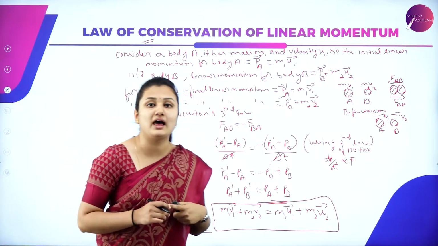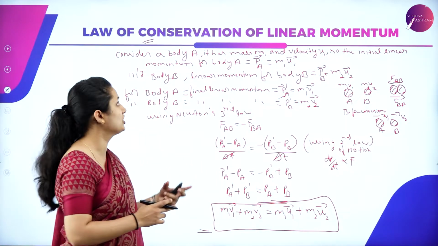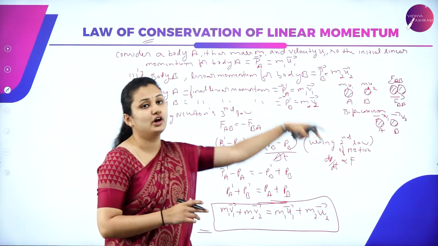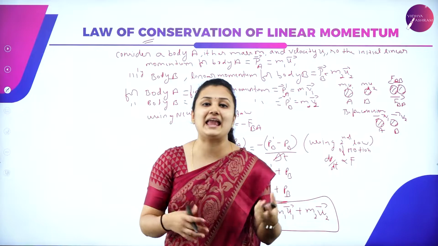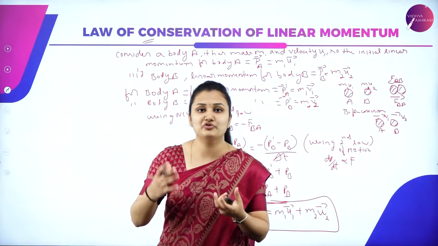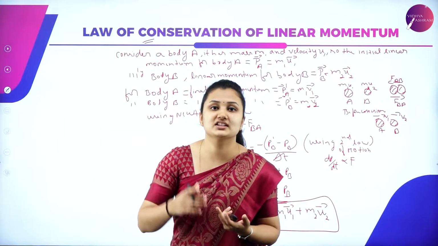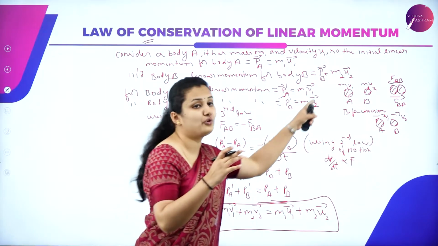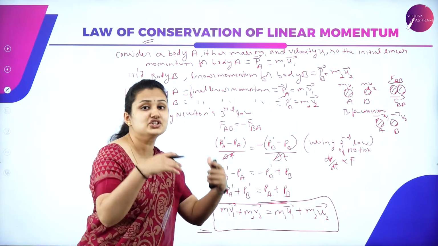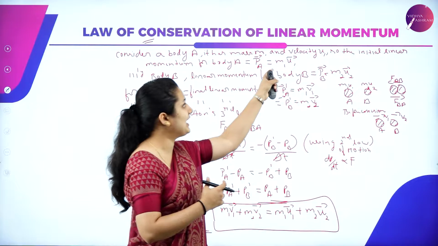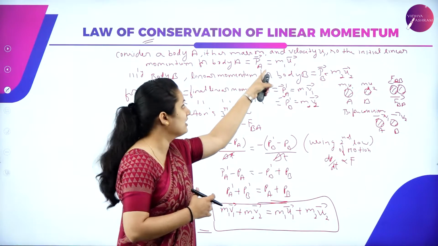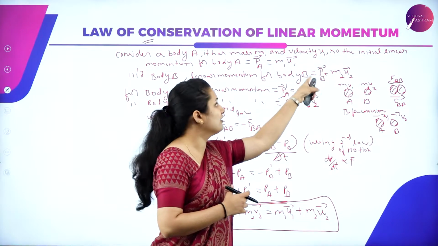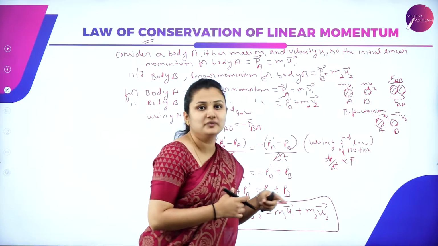I hope you all have understood and got a clear picture about the law of conservation of linear momentum. So, considering two bodies A and B with mass m1, m2 and velocity u1, u2 before collision, the initial linear momentum for body A will be PA equal to m1 u1, and for body B it is m2 u2.